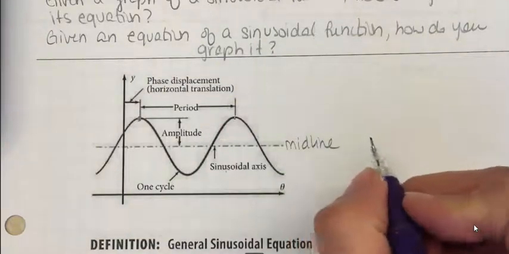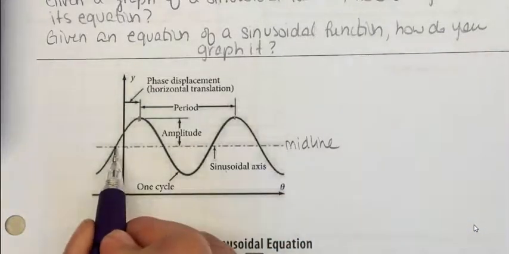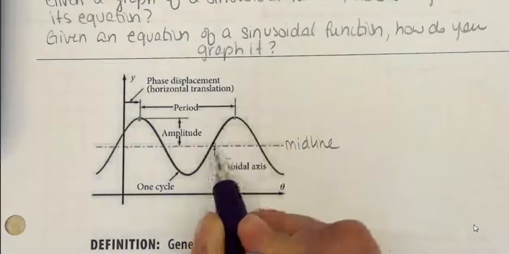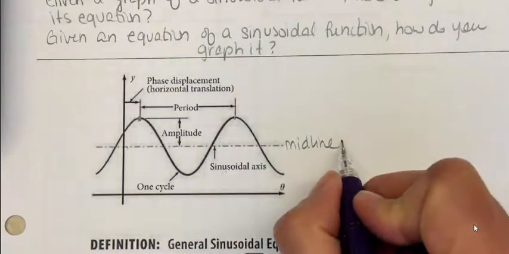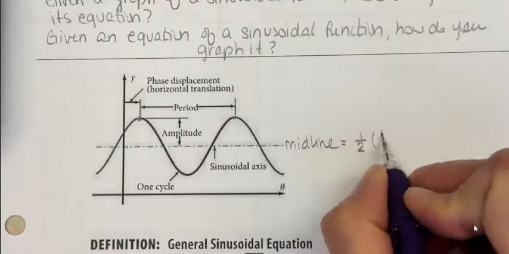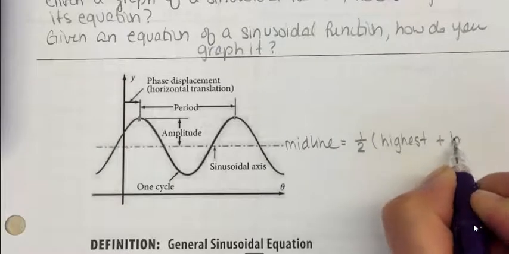So the way that you find the midline is just like you would find the midpoint. Think of it as the middle of one of these branches. Okay, so the midline is 1/2 of the highest plus lowest.